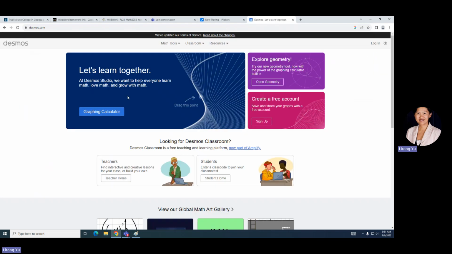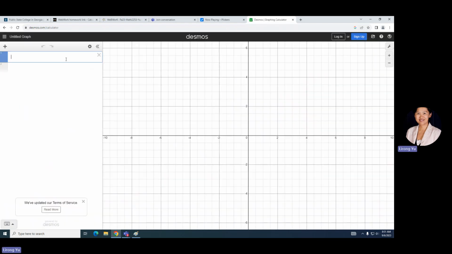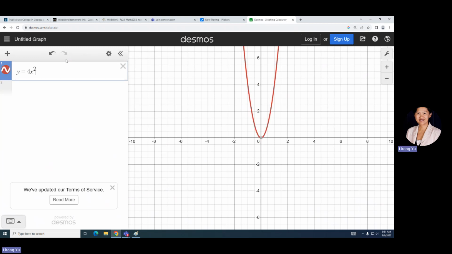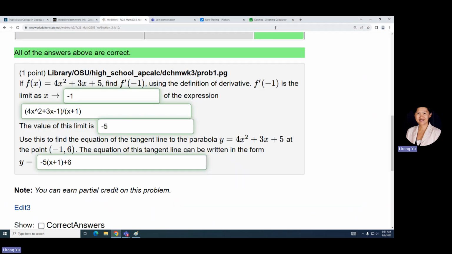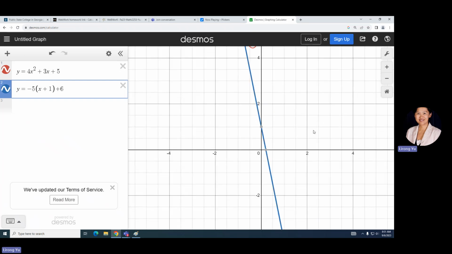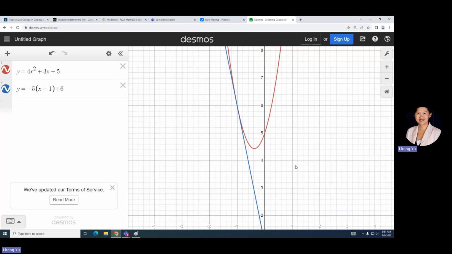Whenever you're determining the tangent line, you can compare with the original function to see. The function is plus 2x, and the tangent line we have is -5x plus 1 plus 6.